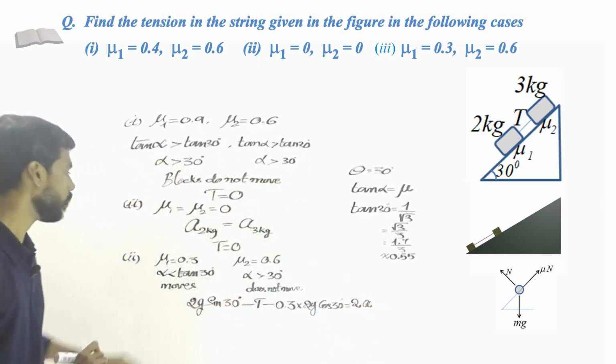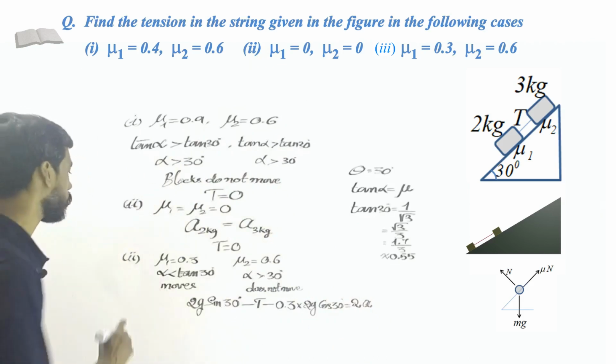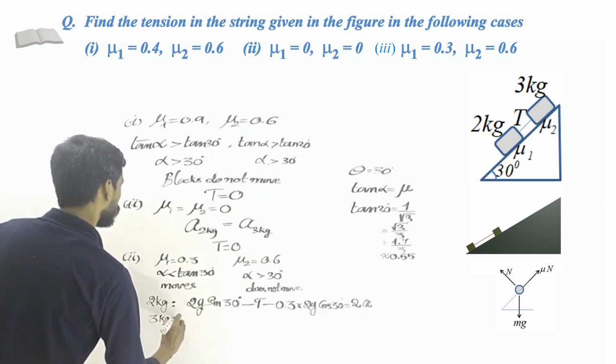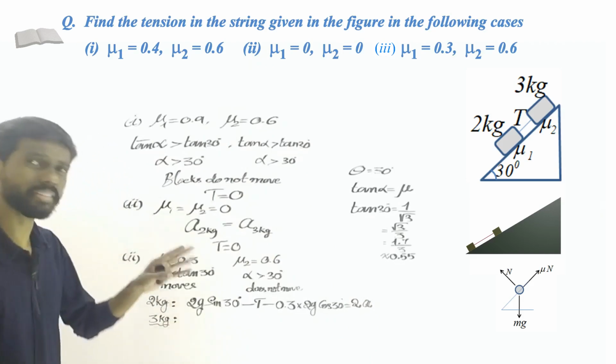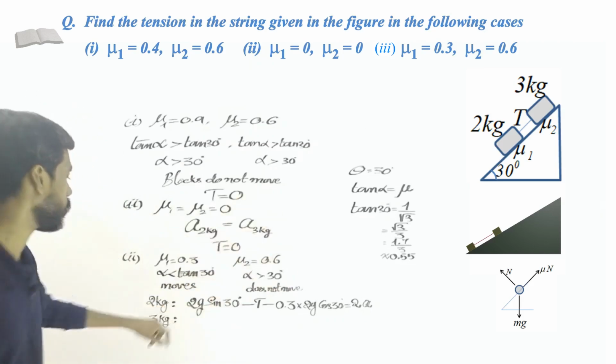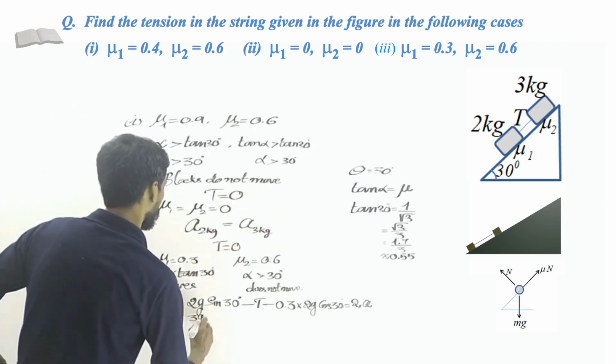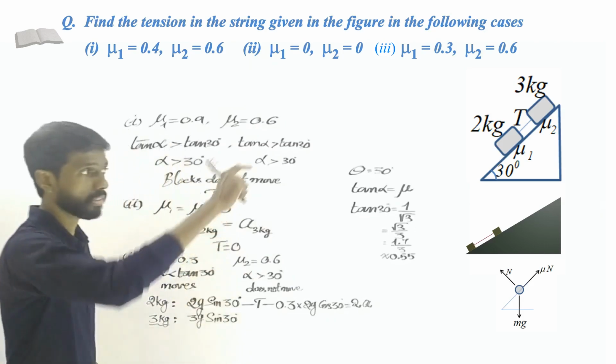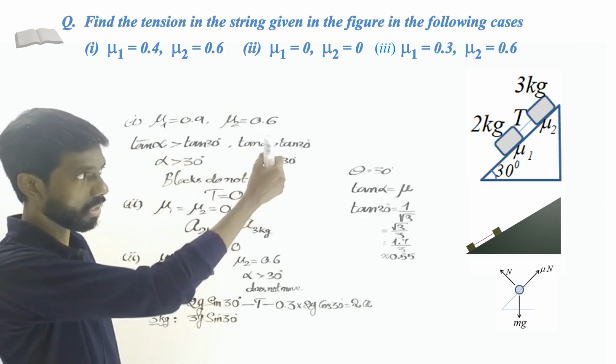Now for the 2 kg block. Similarly, for the other block, the 3 kg block, what are the forces acting on that block? Again, gravitational force. So 3g instead of 2g, 3g sine 30. But the tension is acting in the downward direction, pulling this object.